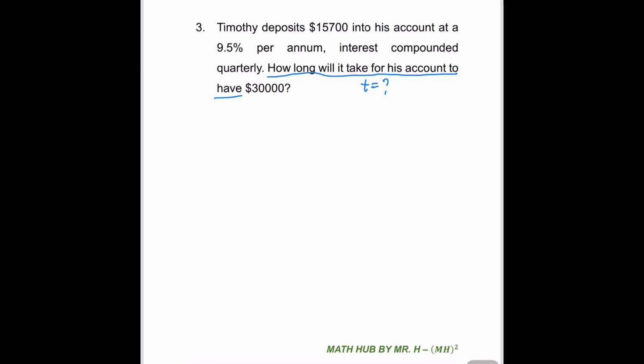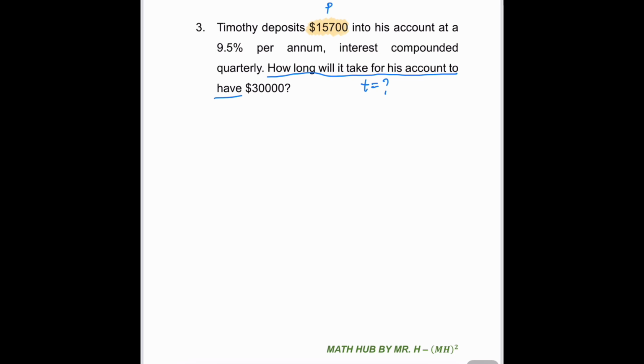Like what I mentioned earlier, if the question is asking about the number of years, or how long will it take for this money to grow and stuff like that, definitely that's when you need to apply the concept of logarithm. So we were given the principal amount, which is 15,700.